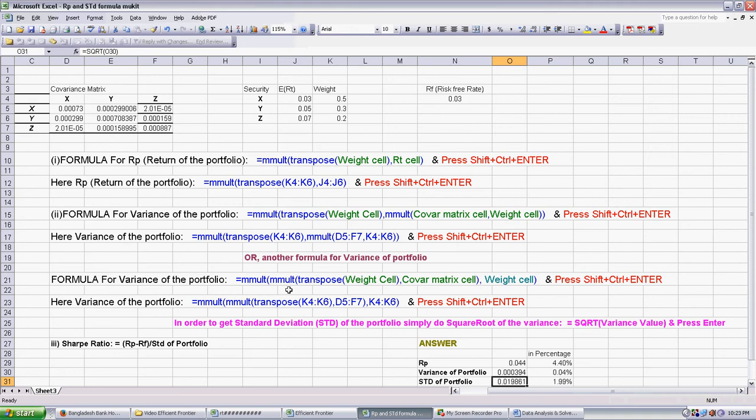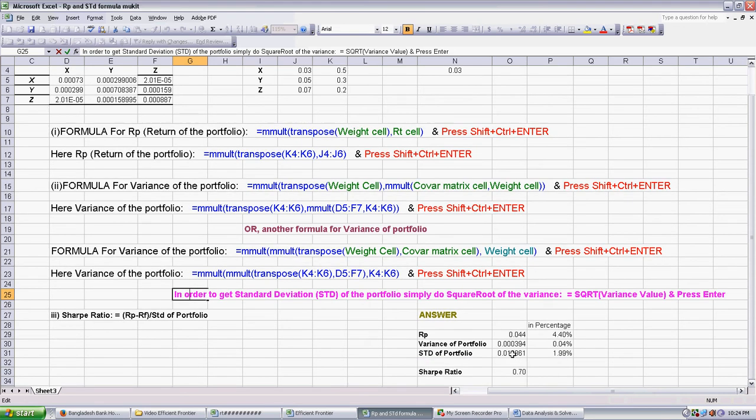Just put the equal to sign, then write SQRT, then select this variance cell and press enter. So we put the equal to sign, wrote SQRT, and selected the variance of the portfolio, and we got this standard deviation of the portfolio.